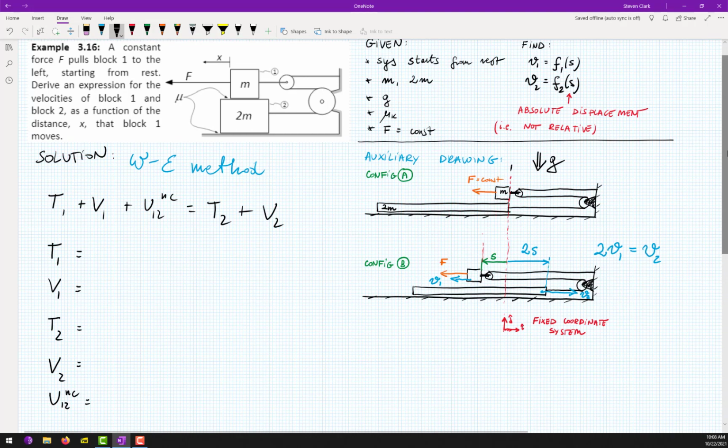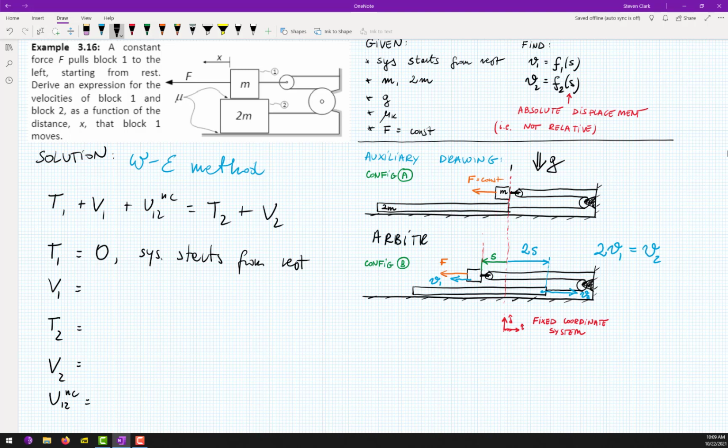I like easy questions because I know the answers for them. I'm gonna go for T1. It's 0. Why? Because the system starts from rest. You can clearly see that subscript 1 corresponds to configuration A, and subscript 2 corresponds to the other configuration, some arbitrary configuration B. You can write arbitrary.